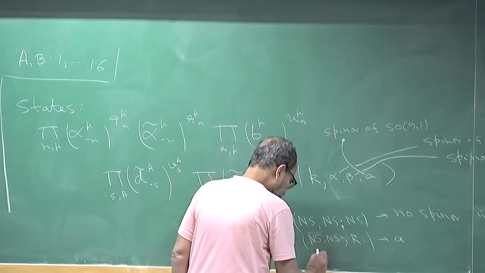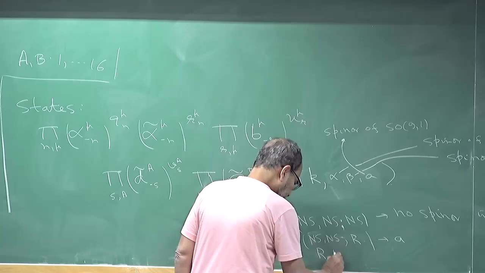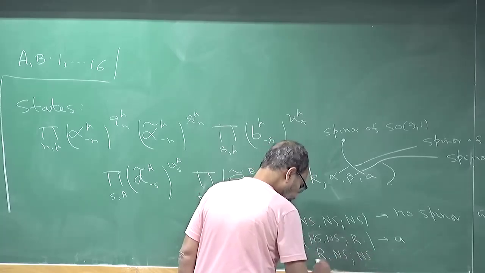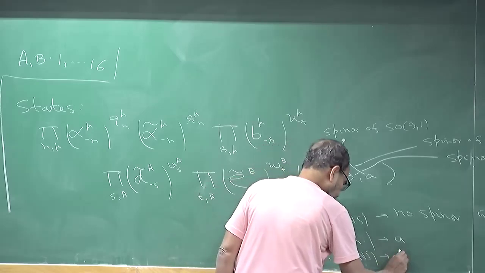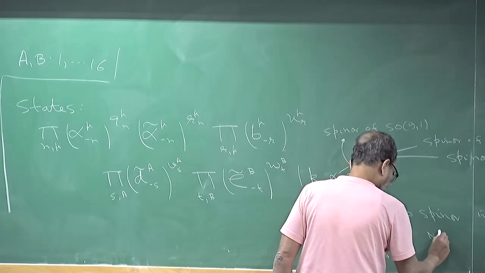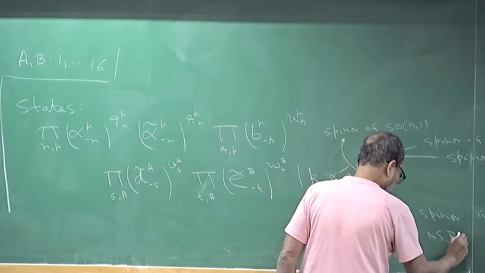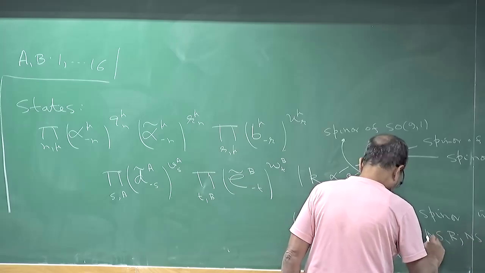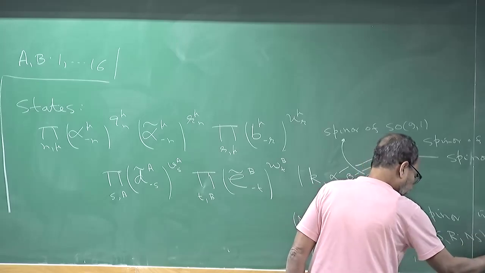If we take R, NS, NS, this has only alpha, right? And NS, R, NS, this only has the index beta.